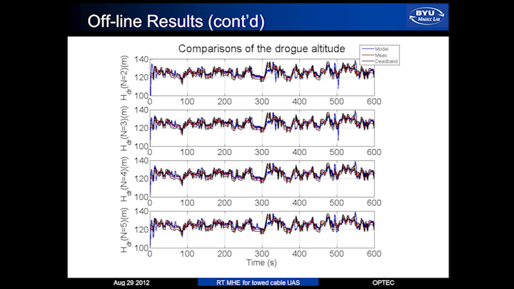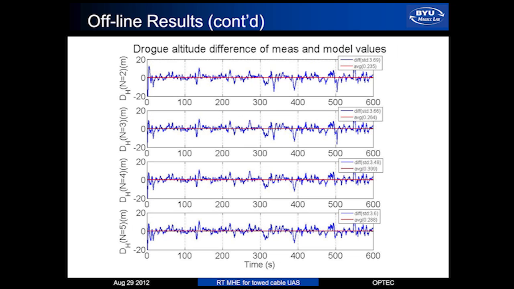They all work very well and give very similar results. We calculated the difference between these two values for the yoke altitude. The average is about 0.2, which is very small, and the standard deviation is around 3.7 meters.